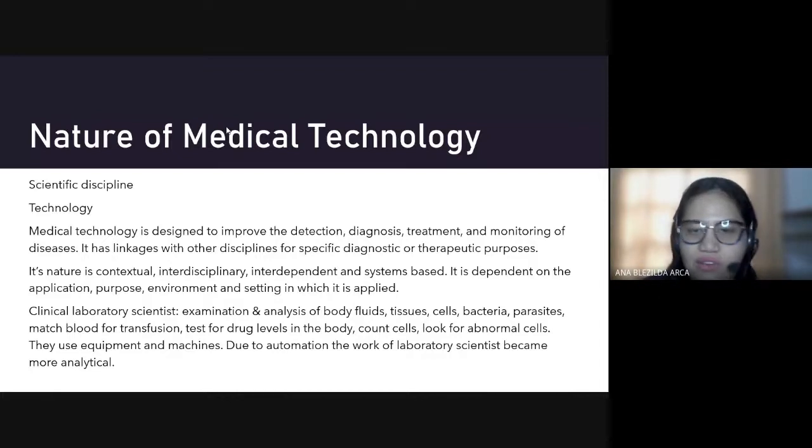So medical technology, this is a profession that is designed to improve the detection, diagnosis, treatment, and monitoring of disease. So tandaan nyo class that your number one role is to help in the detection and diagnosis of the patient. So we dwell in diagnostic medicine. Okay, puro tayo lab diagnosis.